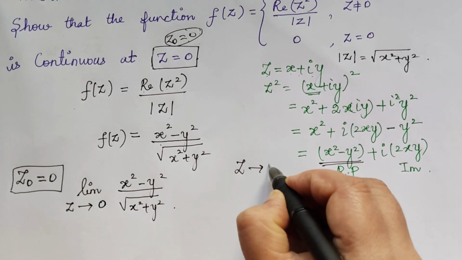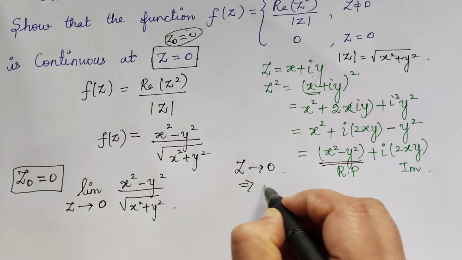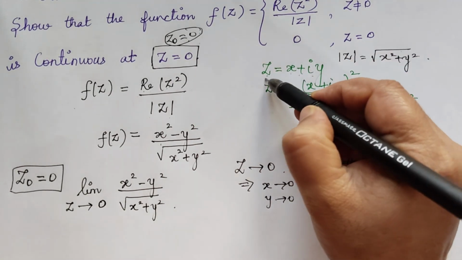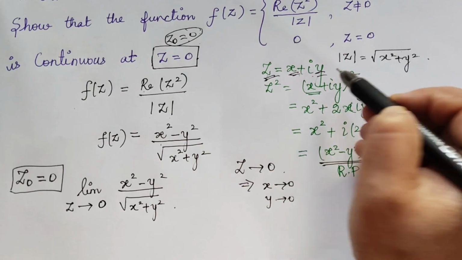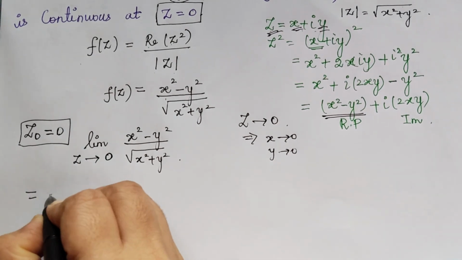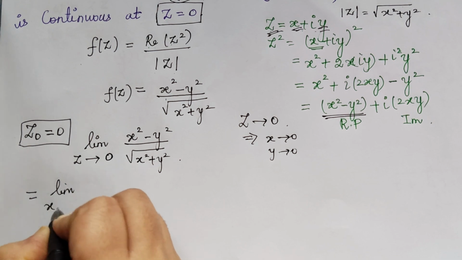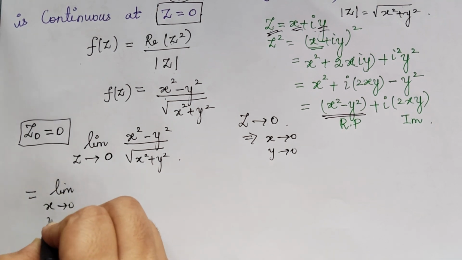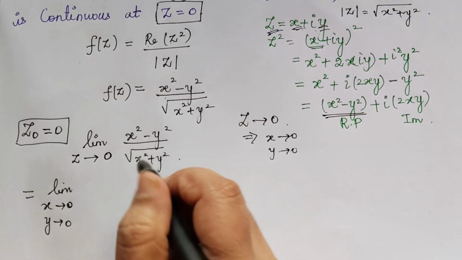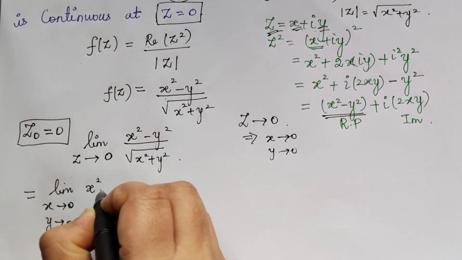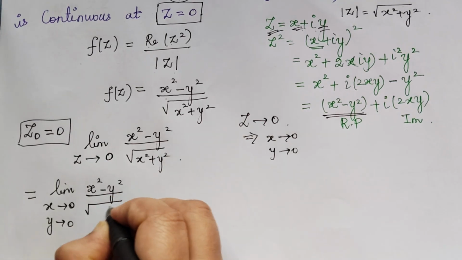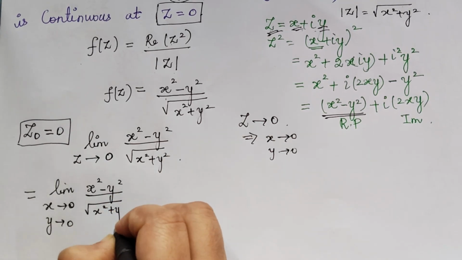So if z tends to 0, it implies that x tends to 0 and y tends to 0, because if z tends to 0, the values of x and y will tend to 0. So applying that over here, this will be further equal to limit x tends to 0, y tends to 0. We have to write in this way because we have the function in terms of x and y. So x square minus y square divided by square root of x square plus y square.